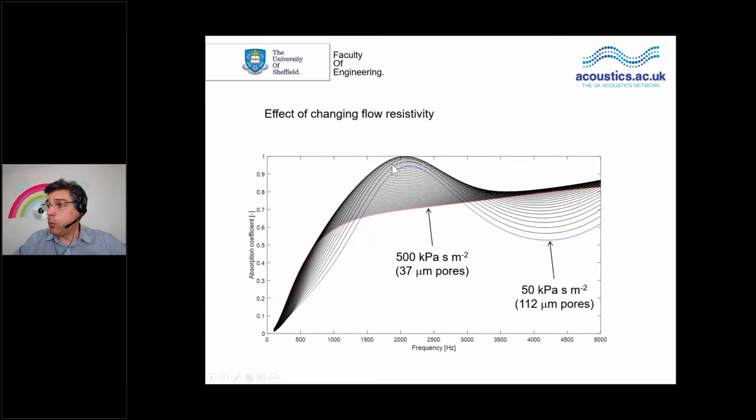So it doesn't actually develop a quarter wavelength resonance. When flow resistivity reduces and pore size increases, which is typical for melamine foam, the resonance develops and anti-resonance develops. And in this case, the sound can propagate to the hard backing and come back again to interfere with the incident wave.